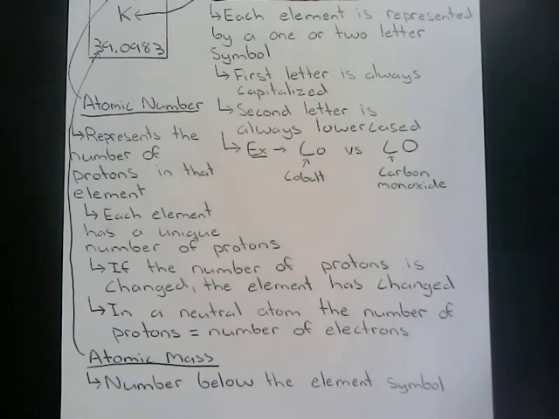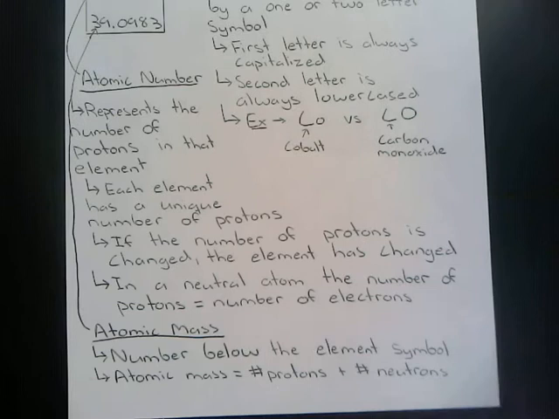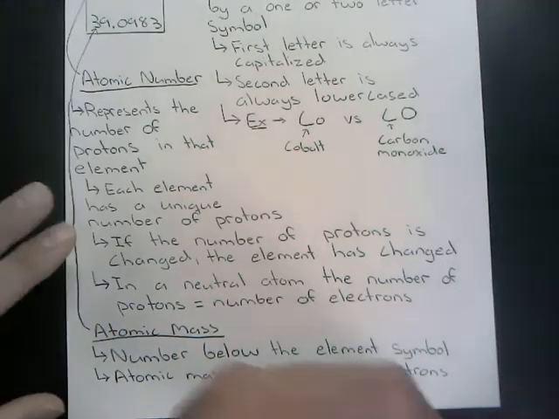There are some calculations later in the year that we will talk about with the decimal places. But the formula for atomic mass: the atomic mass is equal to the number of protons plus the number of neutrons in the nucleus of the atom. And then our last thing that I want you to know is this. For our class, we will always round to 2 decimal places for the atomic mass.